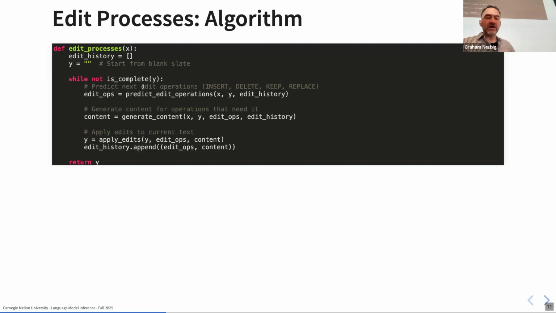But while we have not finished, which could be predicting a null edit or running out of iterations, the first thing we did was predict edit operations, where these edit operations are insert, delete, keep, or replace. And then we generate content based on the edit operations and the history of the edits we've made so far.